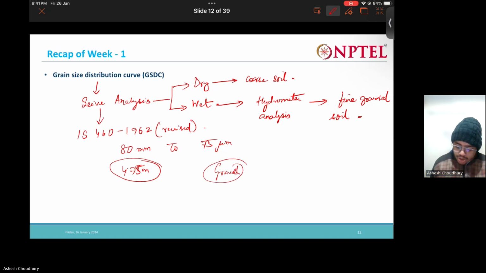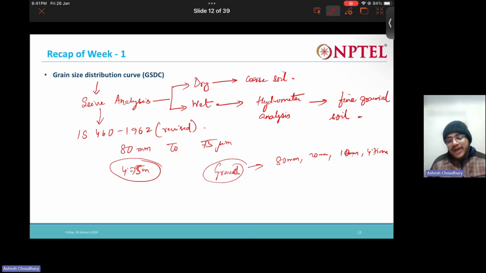For that retained portion, we need to do further sieving in this order with these sieves. And the fraction that passes through 4.75 is the sand fraction.